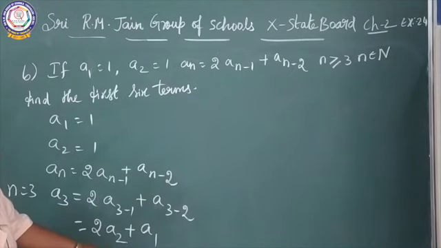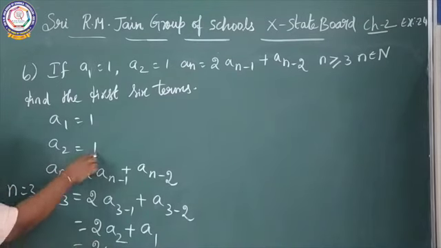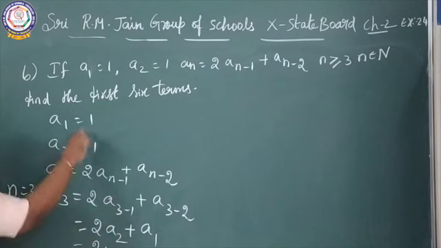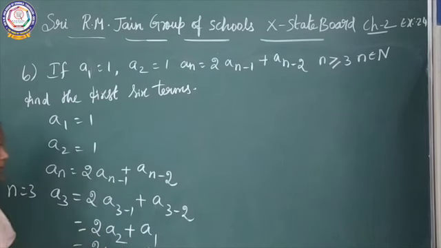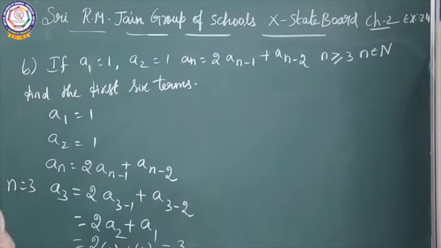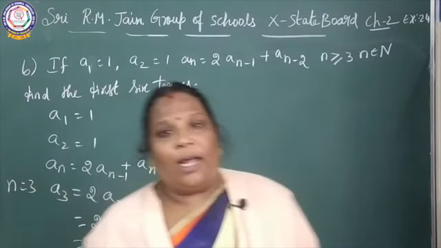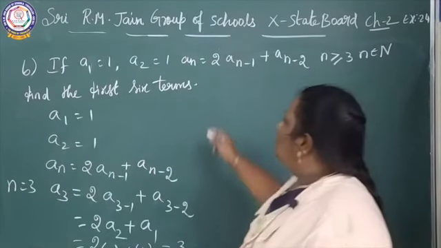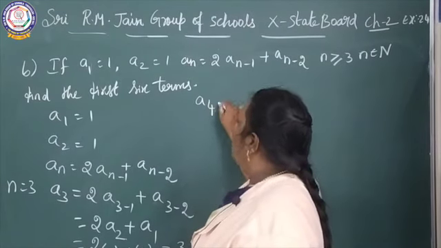You substitute the value. 2 into what is the value of a2? 1. What is the value of a1? 1. So 2 plus 1 gives 3, because the A3 value is 3. Next you move on to A4.